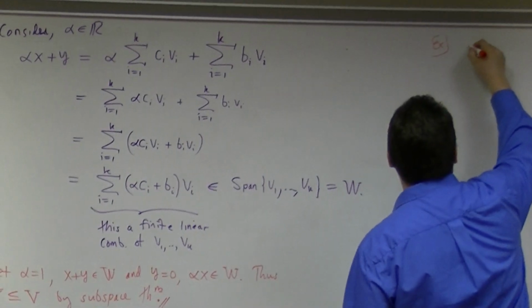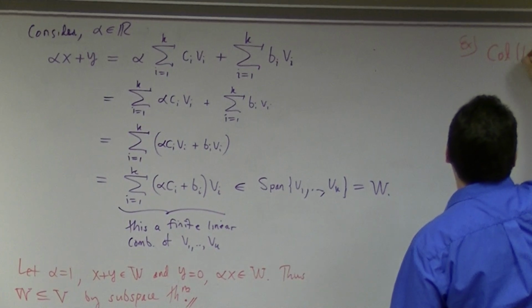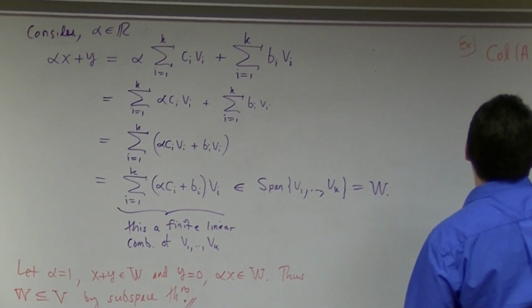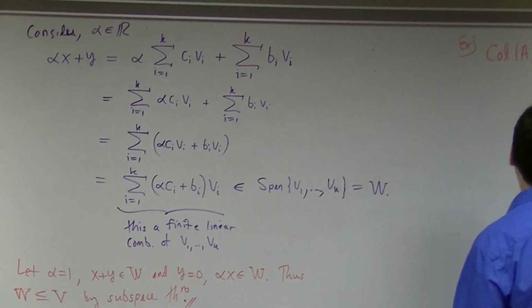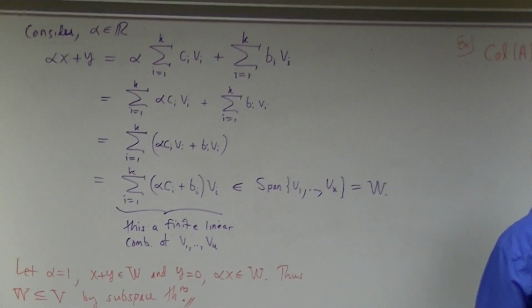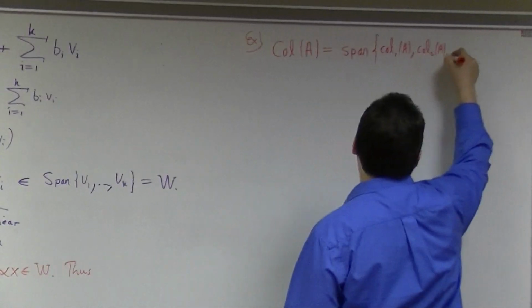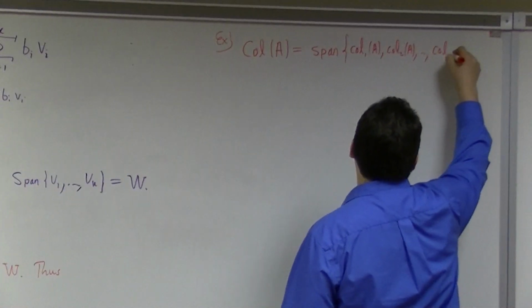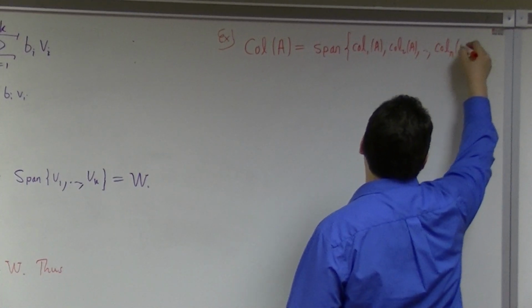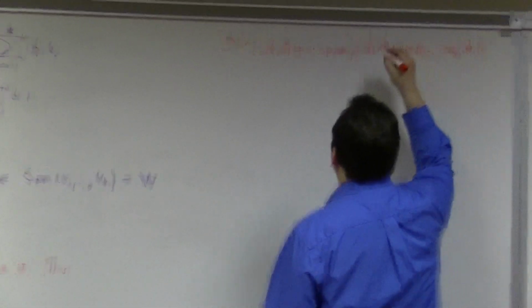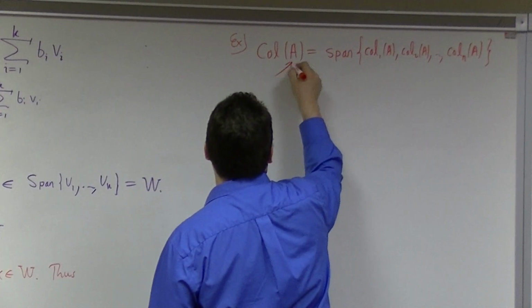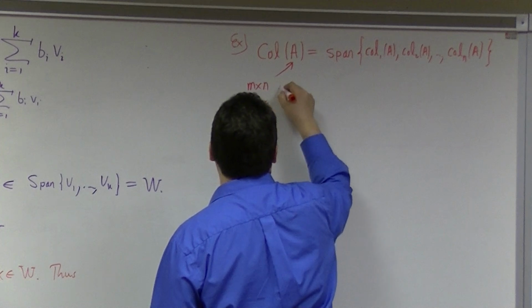The column space, col A, is equal to the span of column 1, column 2, through column n, okay? So here I'm assuming that this A is an m by n matrix.